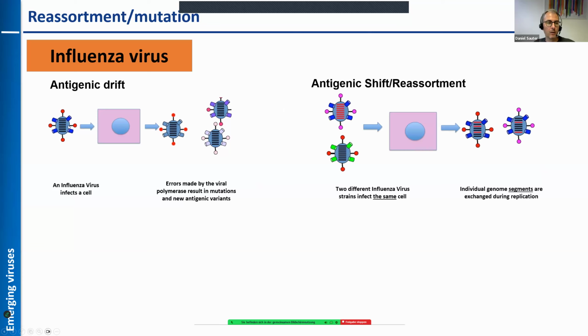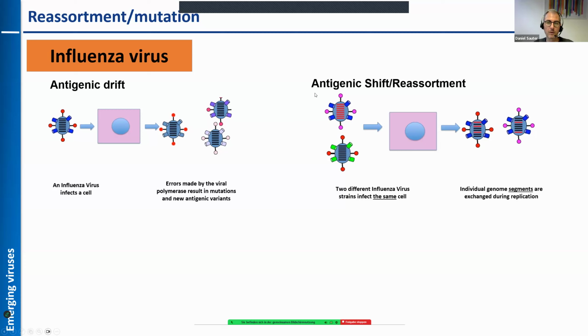So the surface antigens like hemagglutinin or neuraminidase continue to evolve, so they accumulate different point mutations that may change the phenotypic properties of the virus. But these are usually just smaller mutations that don't have a large impact on the phenotype. They may have, but usually they don't.